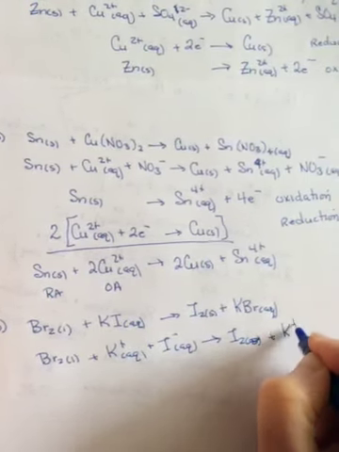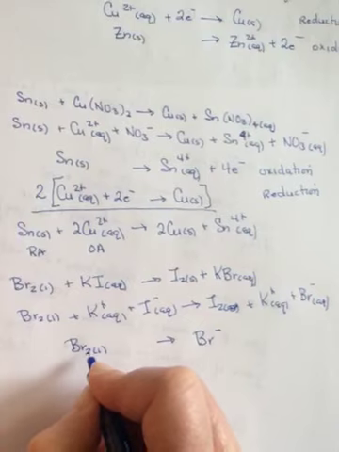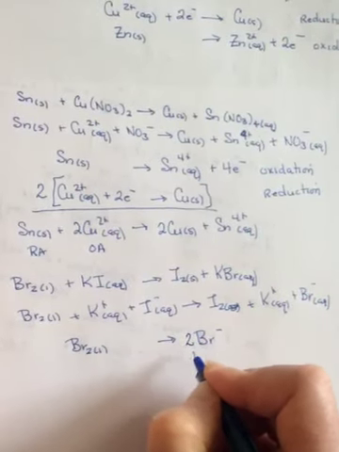So again, the spectator is going to be the potassium, right? Just like the NO3 up here was. So it's Br that is changing and I that is changing. If we do Br2 first, Br2 liquid is going to Br negative. Now there's a 2 here, so I have to put a 2 here.